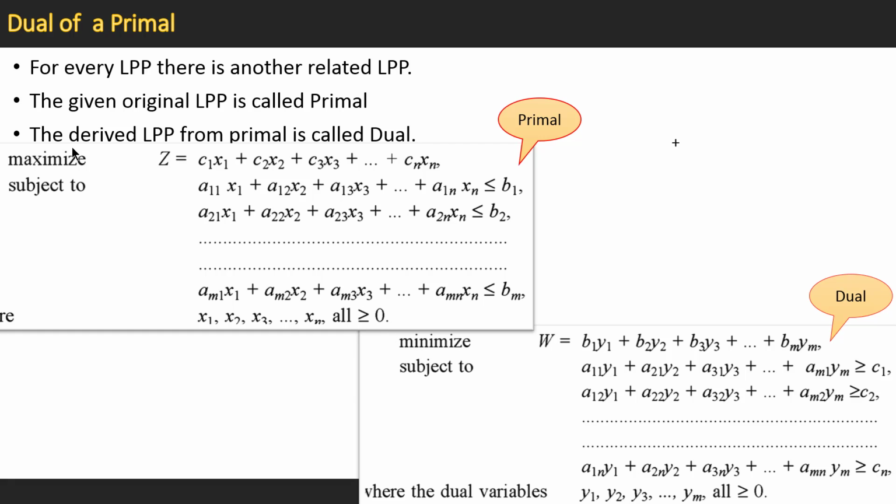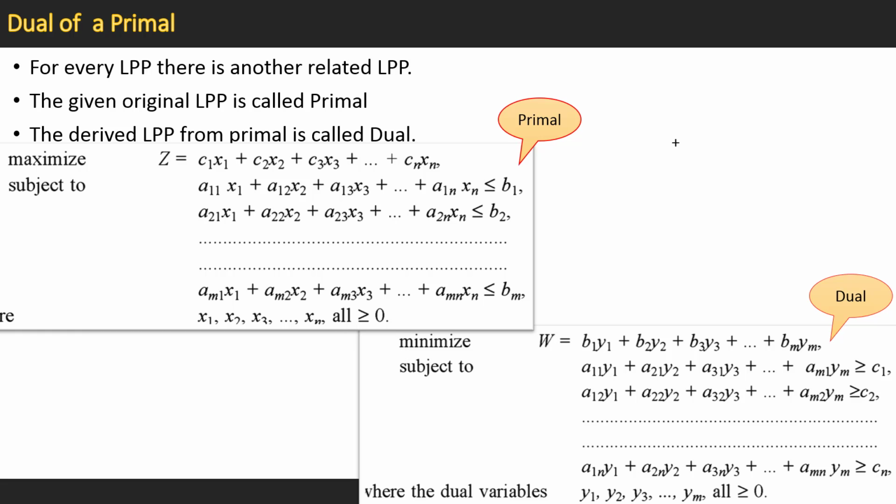Look here, it is a maximization problem, so the dual of maximization will be minimization. Similarly, if the primal is minimization, then the dual will be maximization.